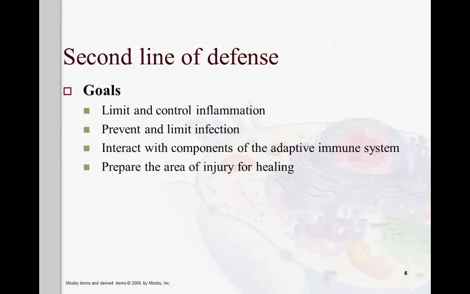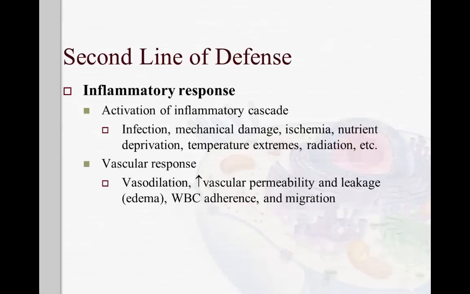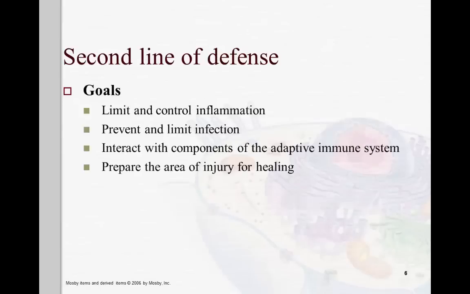Now, you will see that the majority of the functions they have, if we come back here, are vasodilation, increased capillary permeability, and diapedesis, which is the leukocyte adherence and migration to the area of infection. So, what are the goals of the second line of defense, or inflammatory process?